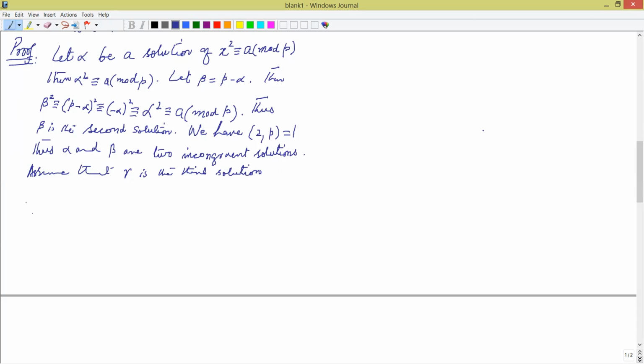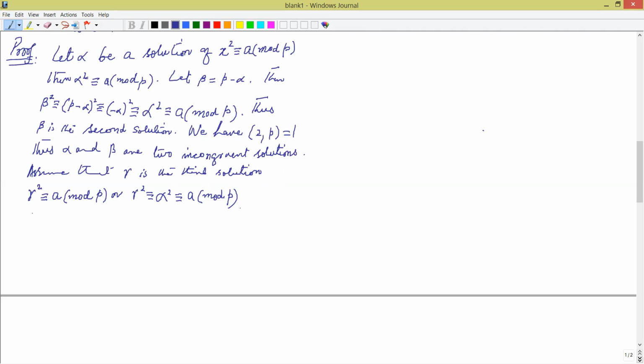So gamma must satisfy the equation: gamma square is congruent to A modulo P, or one can write gamma square is congruent to alpha square congruent to A modulo P, because gamma is also a solution.